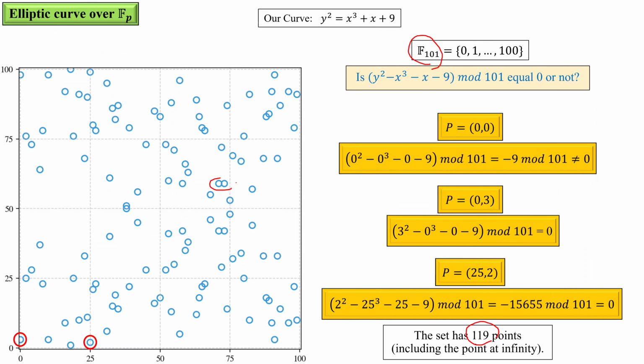Other than the points that you see in this figure, there is a point at infinity that is also considered part of this set. So maybe I add infinity here to show that the set consists of these blue circles and also a point at infinity.